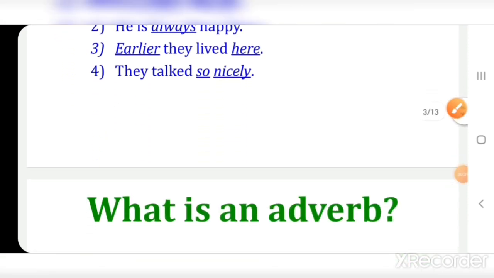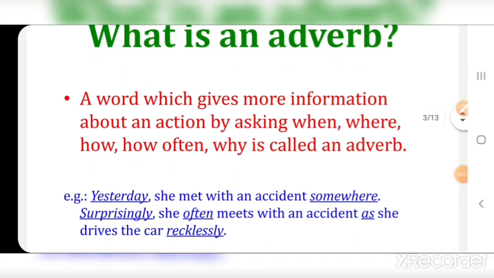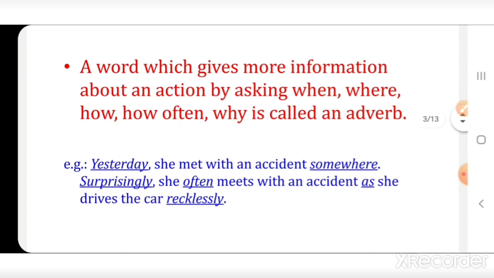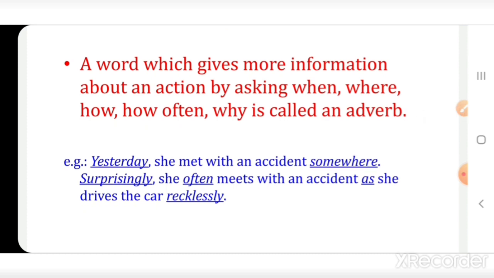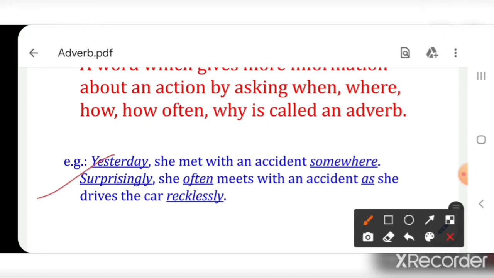Now, for better understanding, let's take another example. Yesterday, she met with an accident somewhere. Surprisingly, she often meets with an accident as she drives the car recklessly. Now, here, the action word is meet. Meet with an accident.